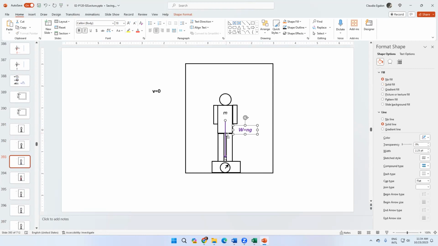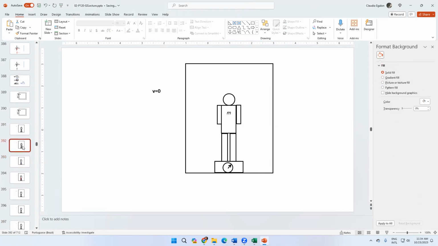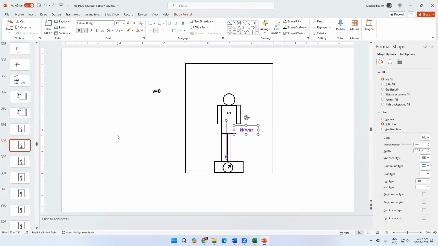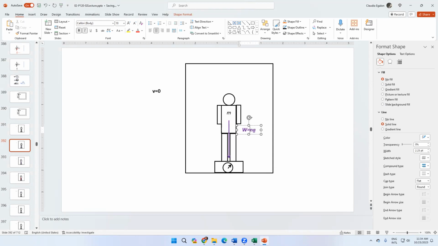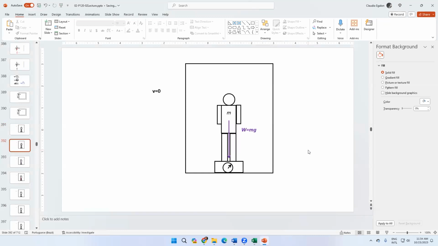And I have to change the letter here, that's m. Okay, so we're doing a free body diagram of the forces applied to the individual.